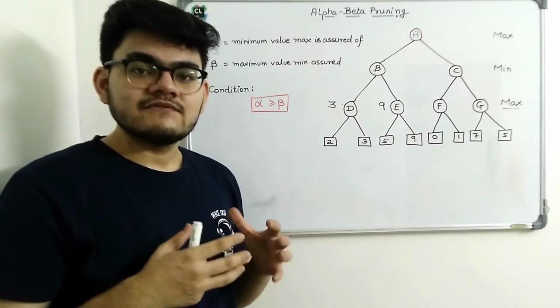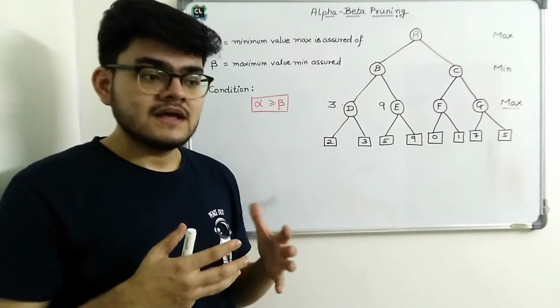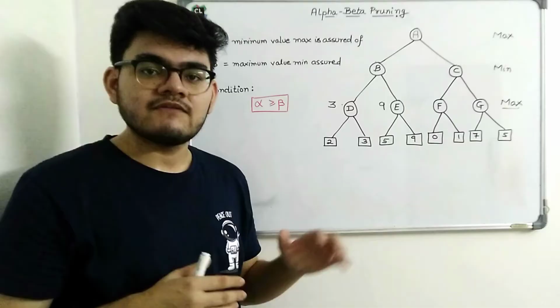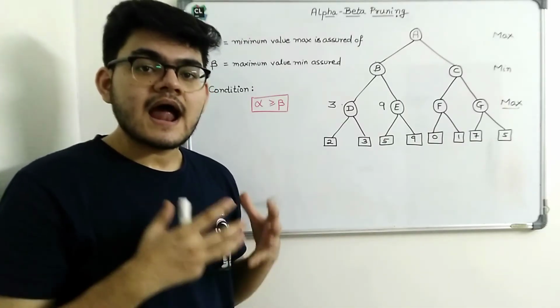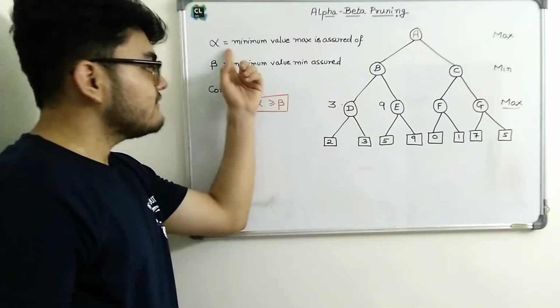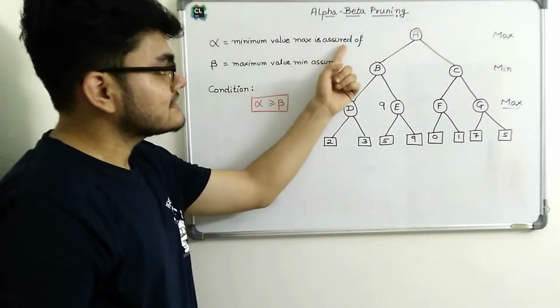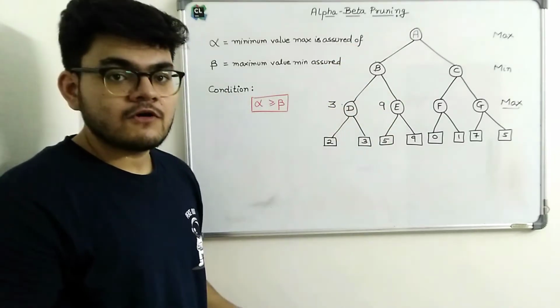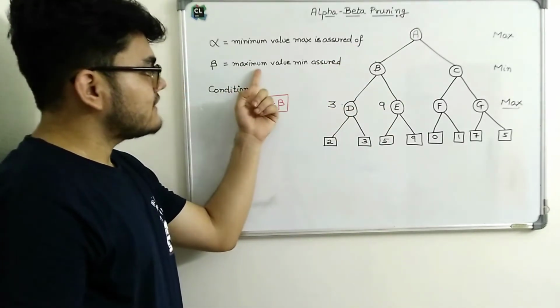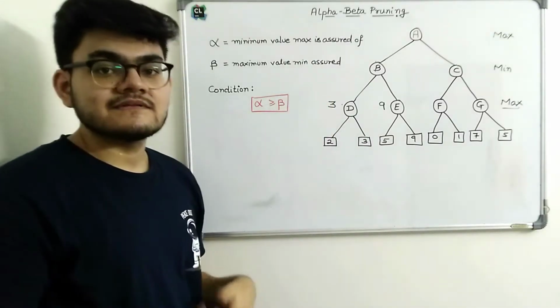So a maximizer will try to find out the minimum value that he's assured of, the minimum advantage that I can get at any particular game state in a game tree, right? Alpha represents that value. It is the minimum value the maximizer is assured of, and similarly beta is the maximum value which the minimizer is assured of, right?